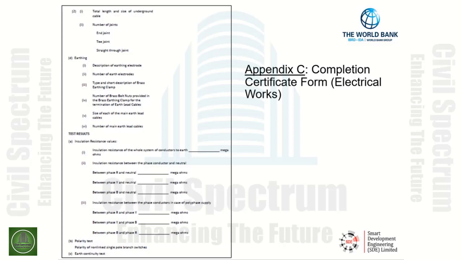Next is item B, polarity test. Polarity of non-linked single pole branch circuits, and C, earth continuity test. A continuation will follow on the next slide.